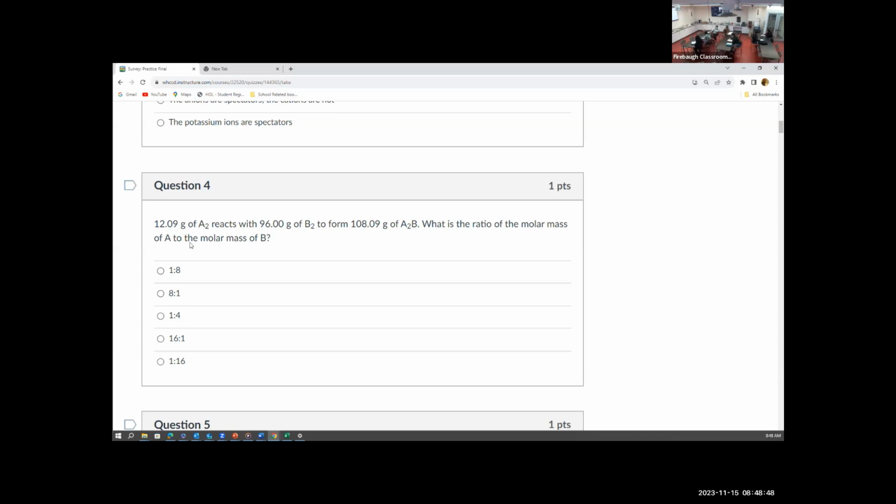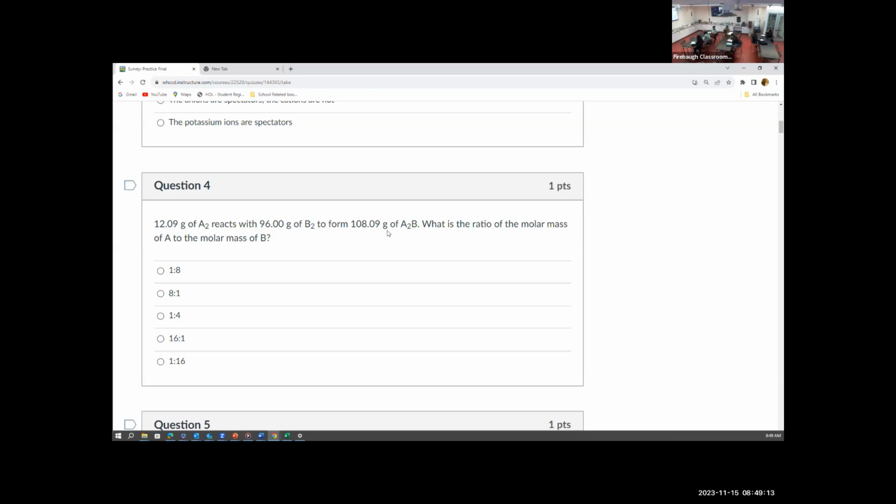So if we're putting in A2 and B2 in our reaction, then that should add up to a total mass of 108. And isn't 108.02 exactly what we get when we have the formation of A2B? So in other words, in this case, we know that everything is being used, right? So everything is being utilized.